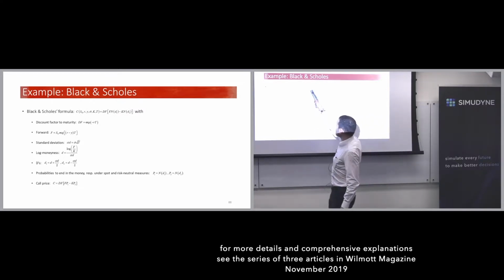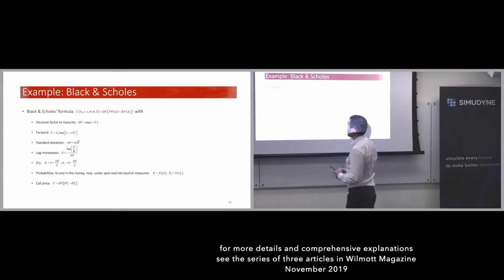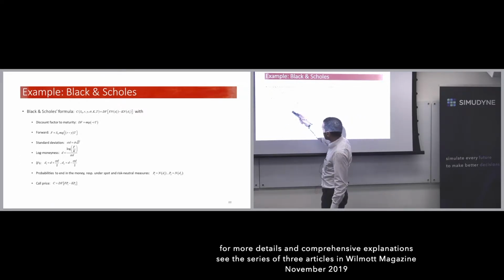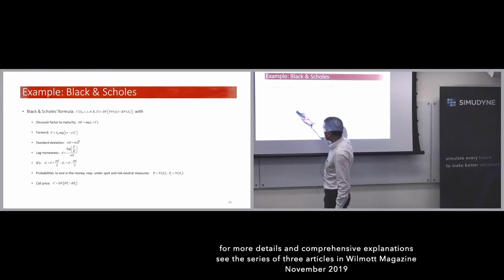where df is the discount factor to maturity, f is the forward, so it's got this form. We calculate the standard deviation, sigma square root of t, the log moneyness, d, log of f over k divided by STD, so how far I am from the money in terms of standard deviations.